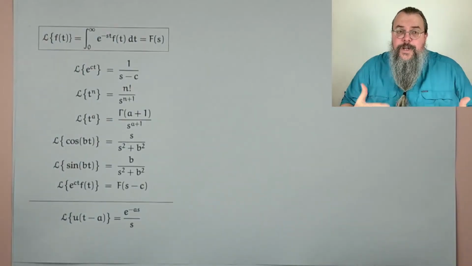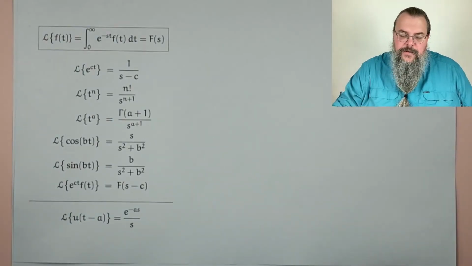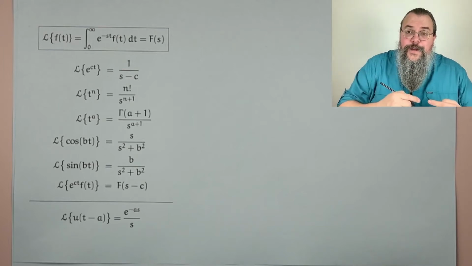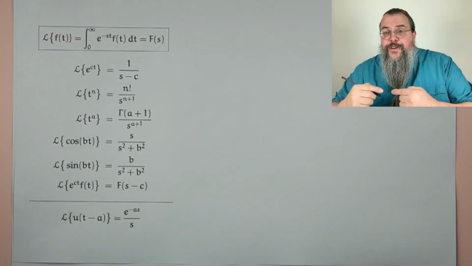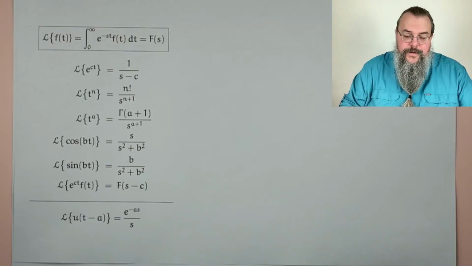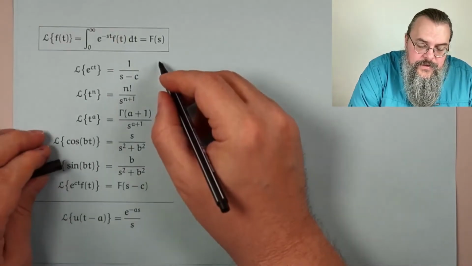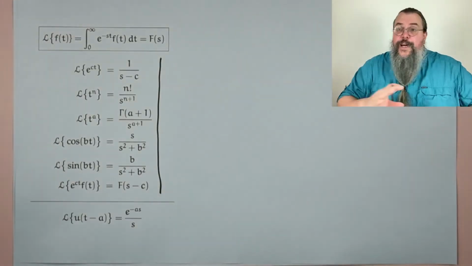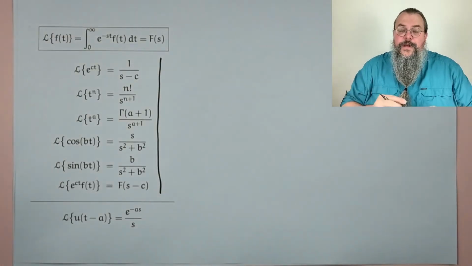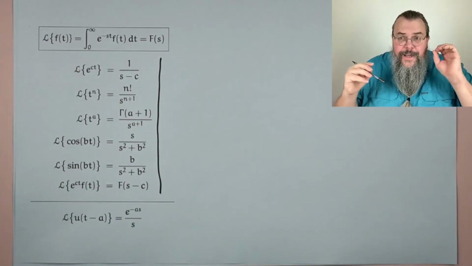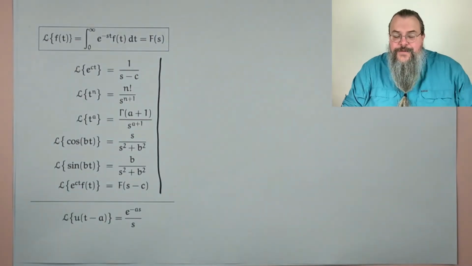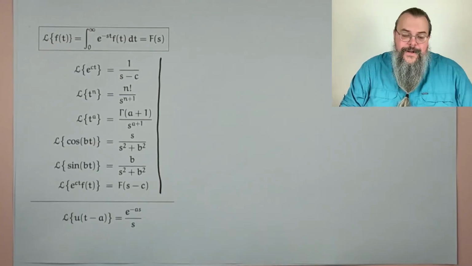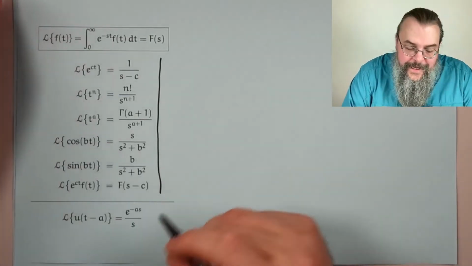Now, when we talk about using our table, remember that every rule for Laplace transforms is associated with a rule for inverse Laplace transforms. And I want to just go ahead and write down the rules explicitly. Oftentimes, they're not written explicitly, but I want to get to the point where I see what's written, and I know that there's actually a rule written there, or at least a rule implied.